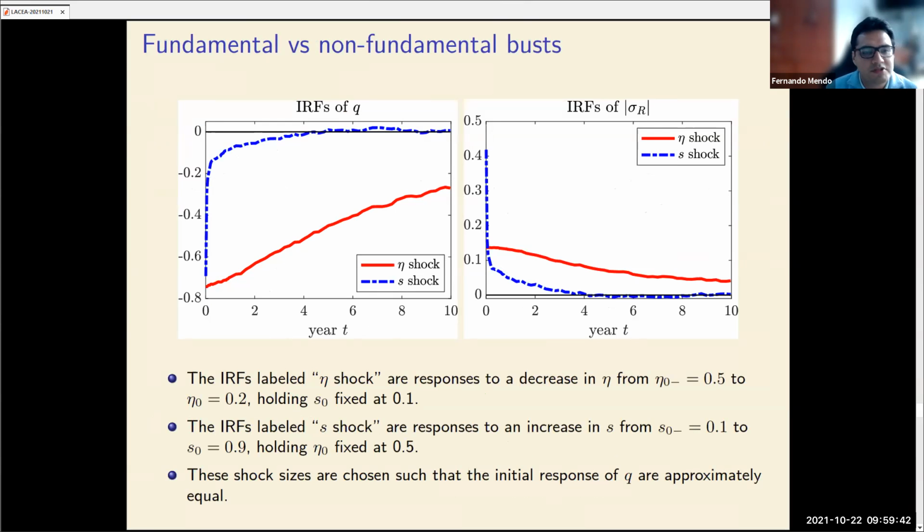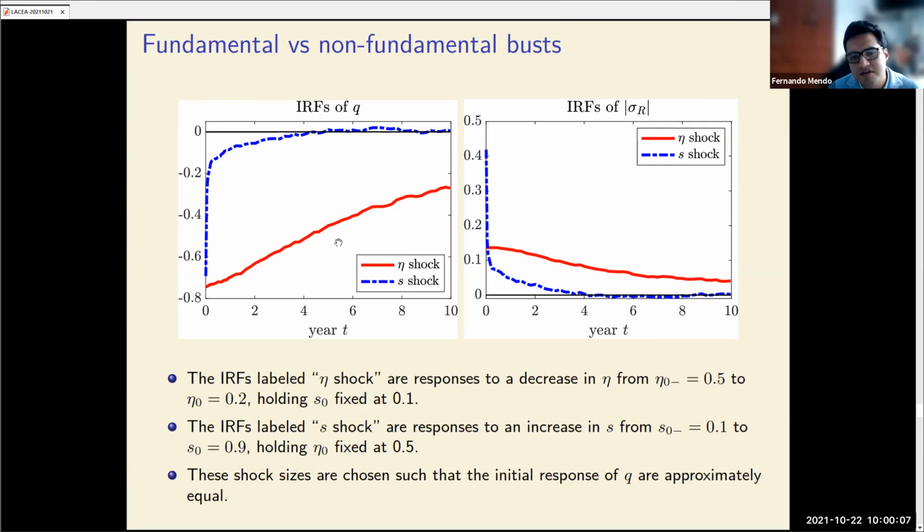Now let me show you some of the dynamics that this can generate. Here I graph the fundamental, or balance sheet, bust, which is the dynamics with low eta, versus the dynamics of a non-fundamental bust, which is the dynamics of a large S. These graphs are constructed such that the initial drop in capital price is roughly the same.